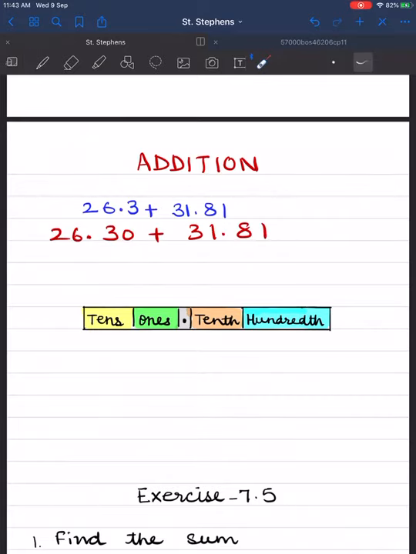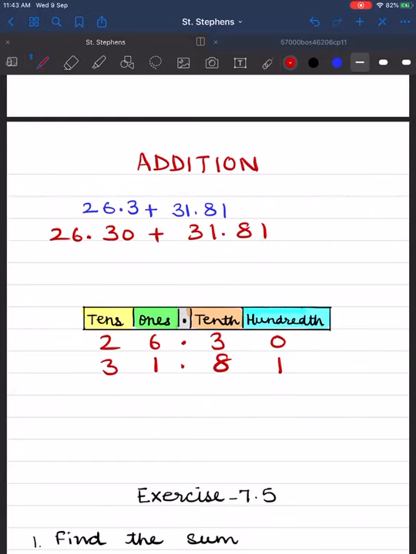Now arrange the decimals in columns such that digits having the same place value are placed in the same column, and the decimal points must also be positioned in the same column. So let's arrange in the place value chart. So here we have 26.30 and 31.81.